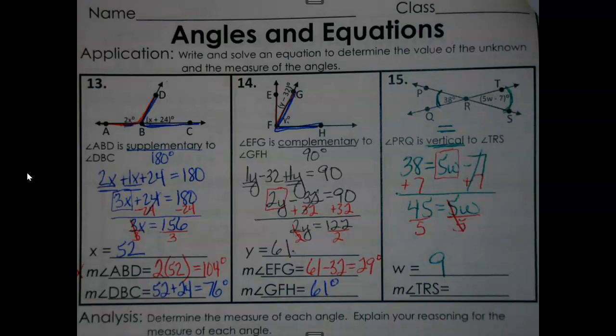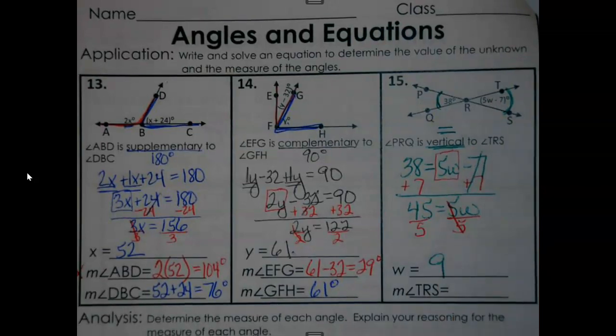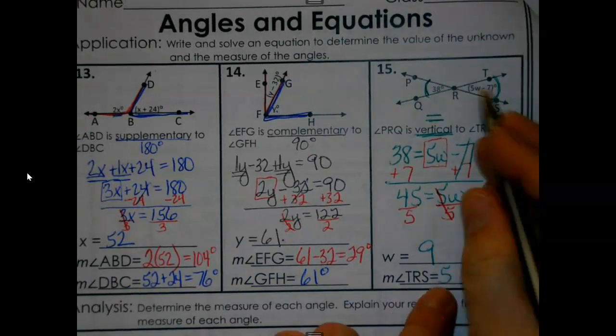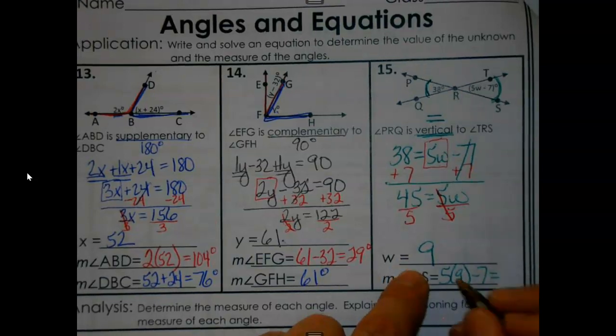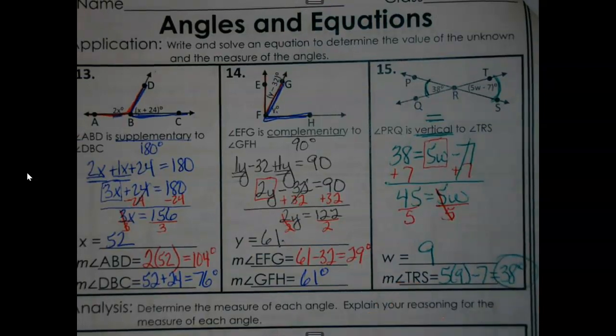Now this time, I'll be honest, we could almost kind of cheat on this one, because we know these two have to be the same. So to be honest, I know that TRS is going to be 38, but if I wanted to make sure my math was right, I'd come back here again. And when I got to the W, I'd replace it with 9. And 45 minus 7 is 38.